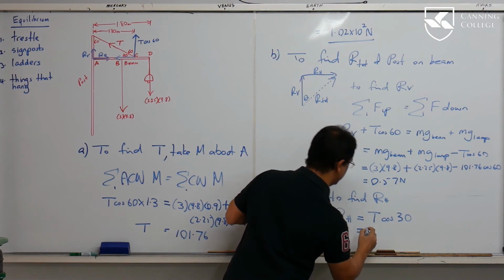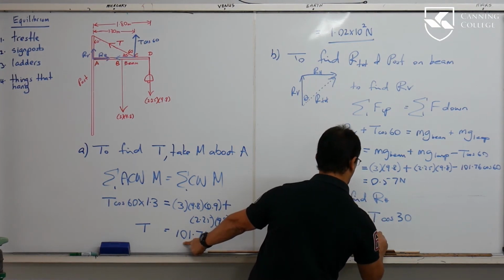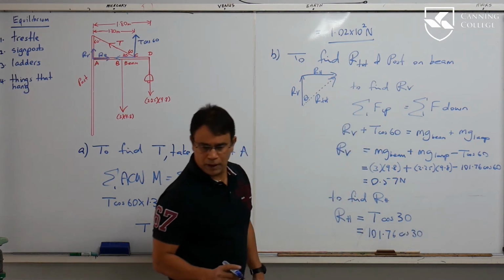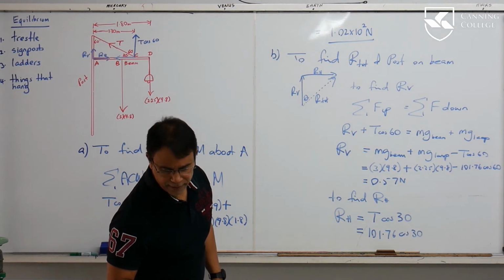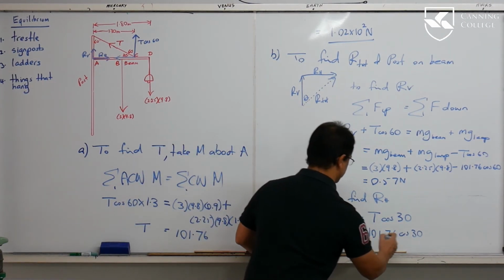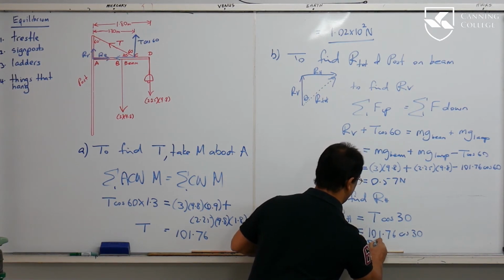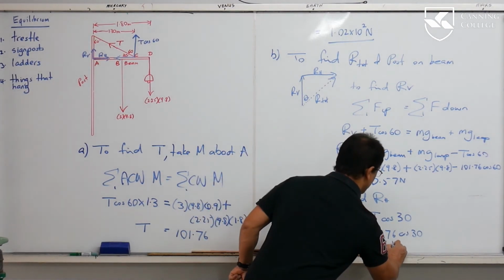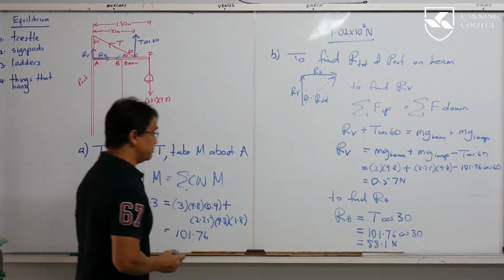Okay, when I put those numbers in place, keeping it nice and accurate, 101.76 multiplied by cos 30, and that gives me 88.1 newtons, which I'm not going to underline because it's not my final answer.